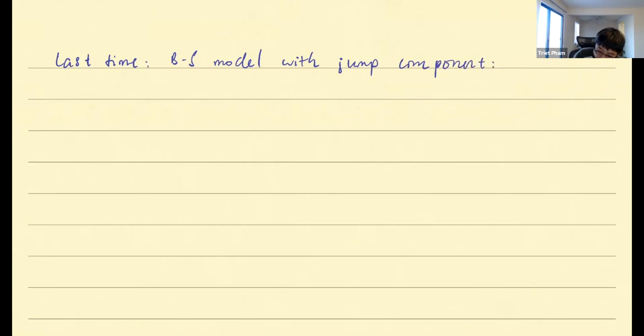And so roughly speaking, ignoring all the martingale property, then we have a physical model that looks like this.